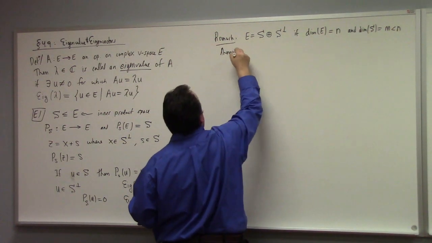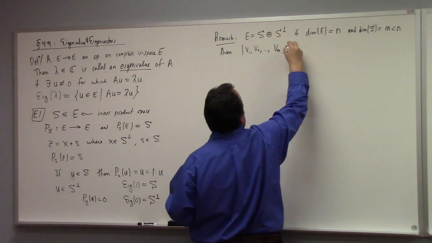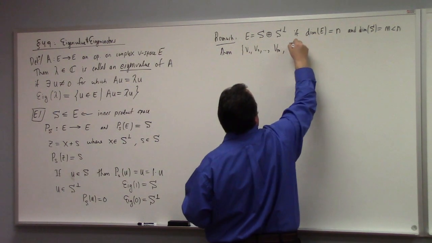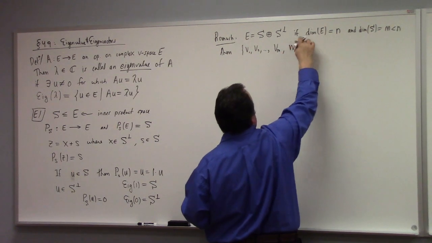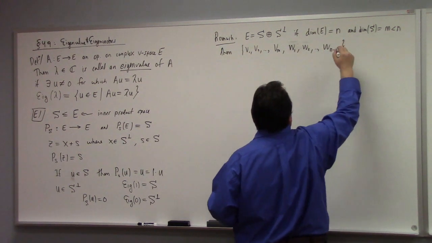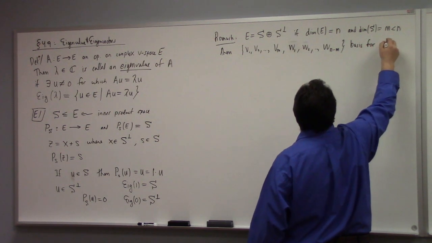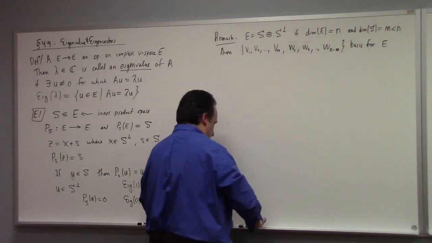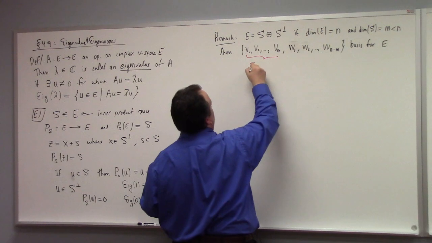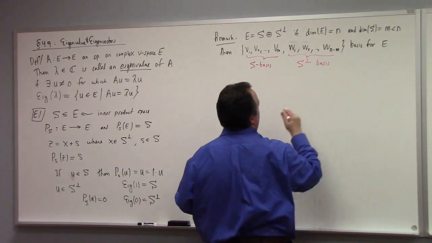Then if you have a basis, say v1, v2, through vm, and then w1, w2, through w(n minus m), is a basis for E, where I'm assuming that this is an S basis, and this over here is an S perp basis.